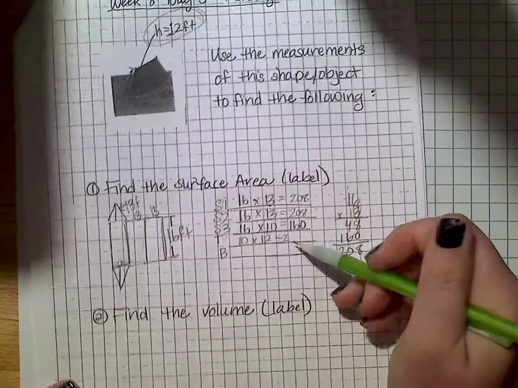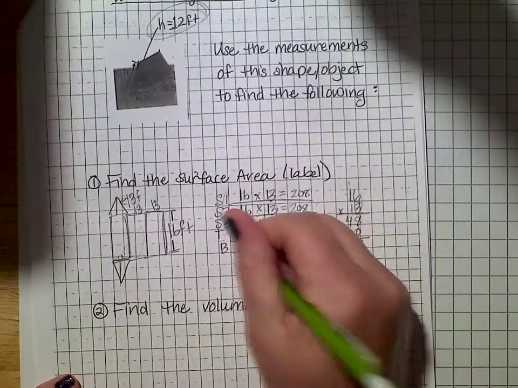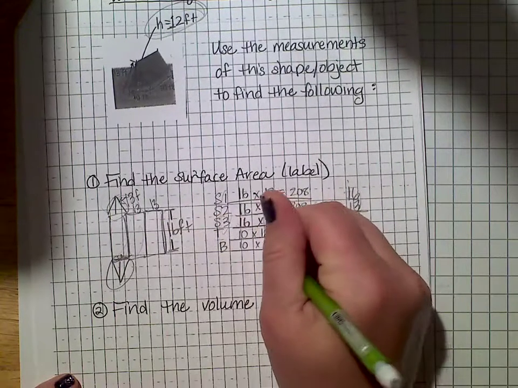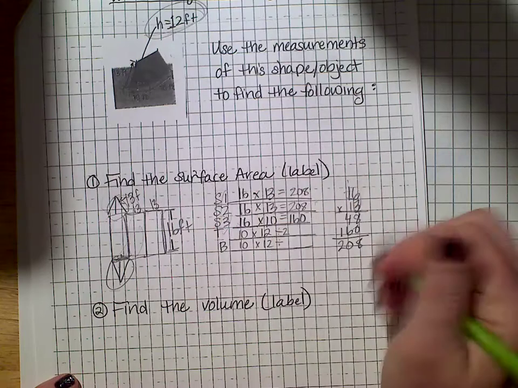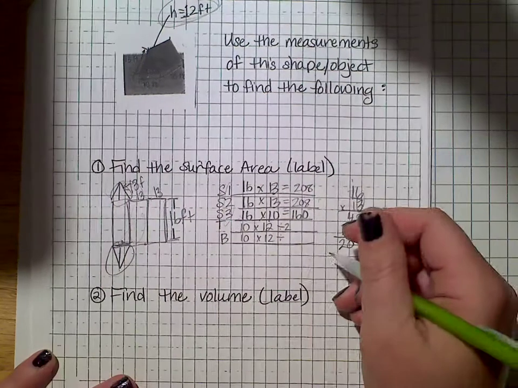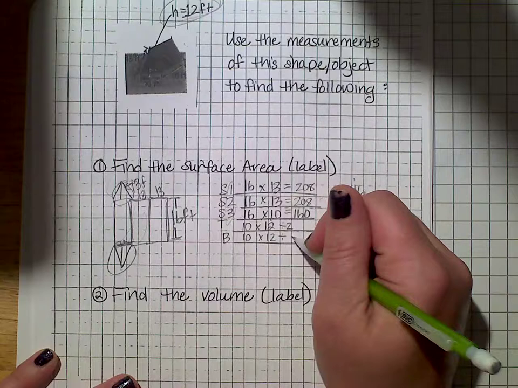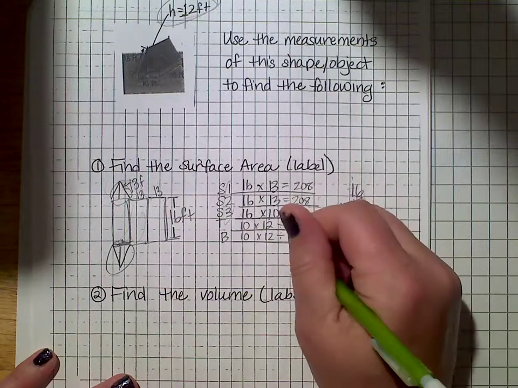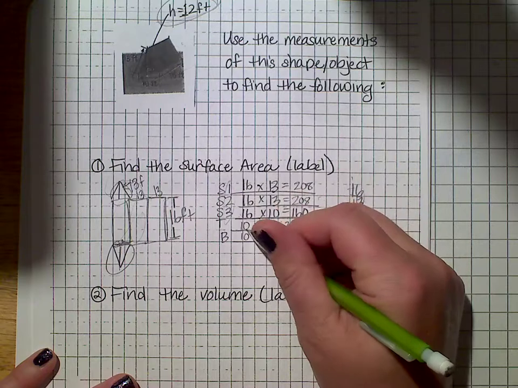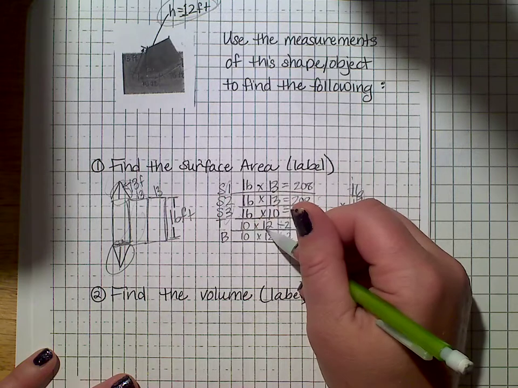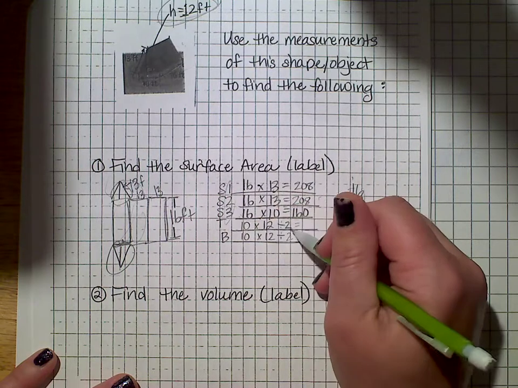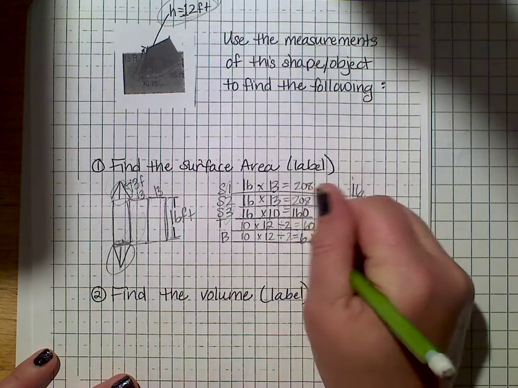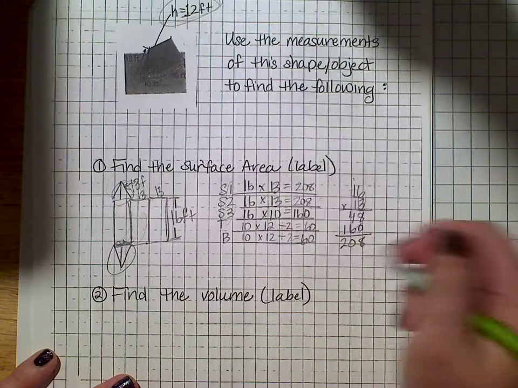And the top and the bottom are going to be the same because they, again, are congruent triangles. So they're the same shape, same size, just different places, different ends, but the same. So now I would multiply this out, divide it by 2. So 10 times 12 is 120, and half of 120 is 60, which I would have for both of those.